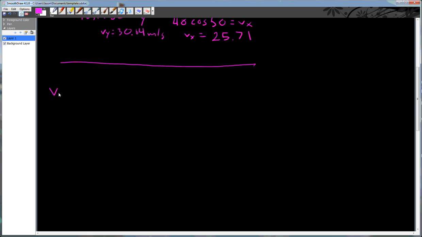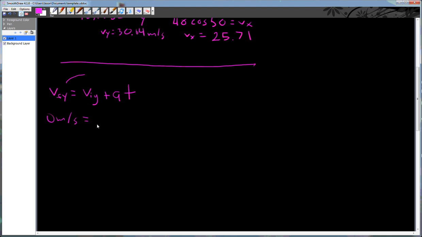So VYF is equal to VYI plus at. Again, we're just trying to figure out how long it takes this initial velocity to fall to 0 meters per second at the halfway point. We're not calculating the rest of this trajectory.